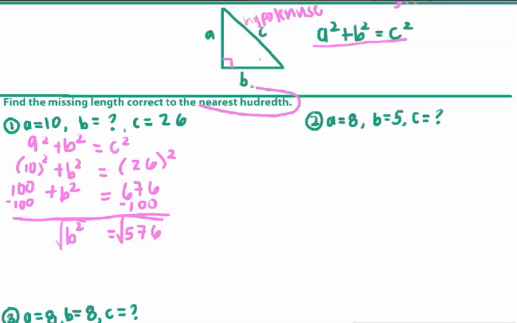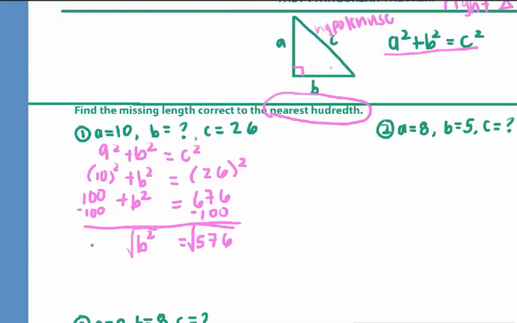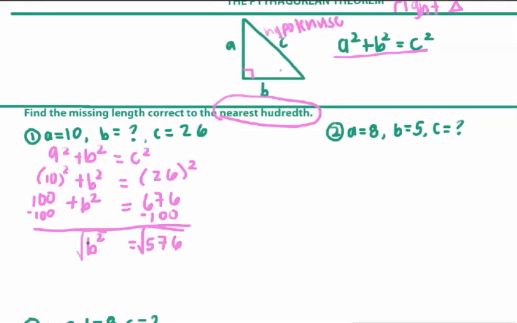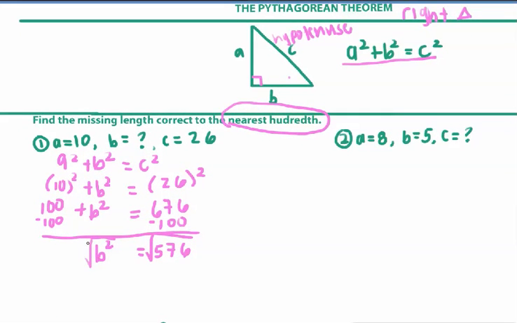B is going to equal the square root of 576, so punch that into your calculator, and you should end up getting 24.